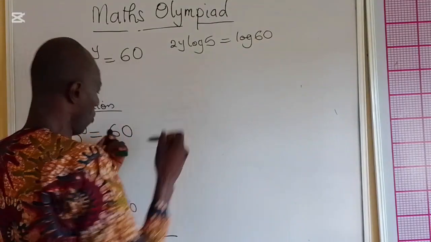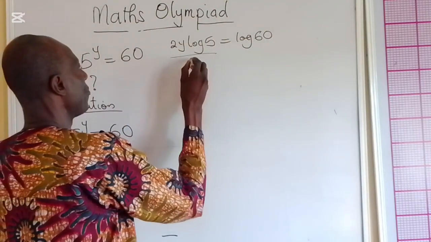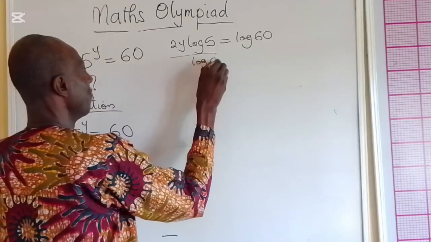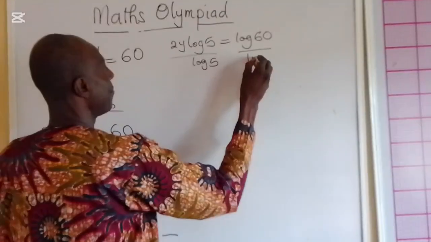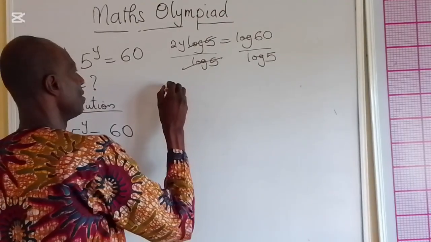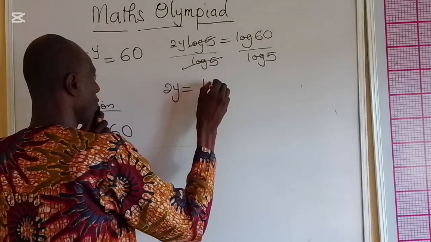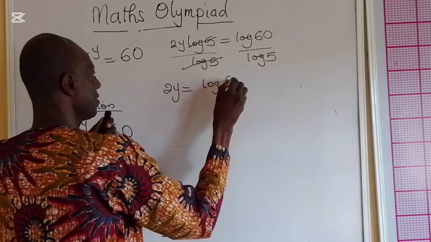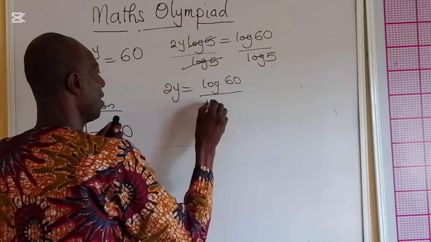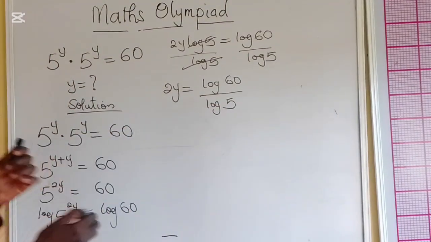Let's make 2y the subject of the formula. So I will divide both sides by log 5. This will die with this. 2y is equal to log 60 over log 5.